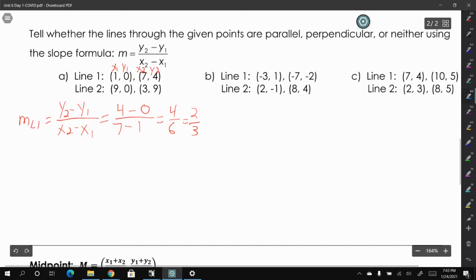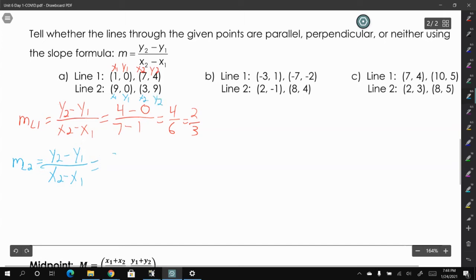So then we're going to do the slope of line 2. Same thing. Write out our formula. And x1, y1, x2, y2.